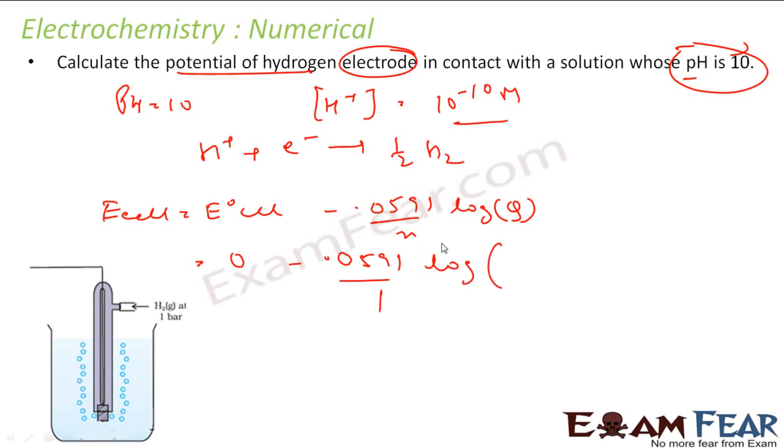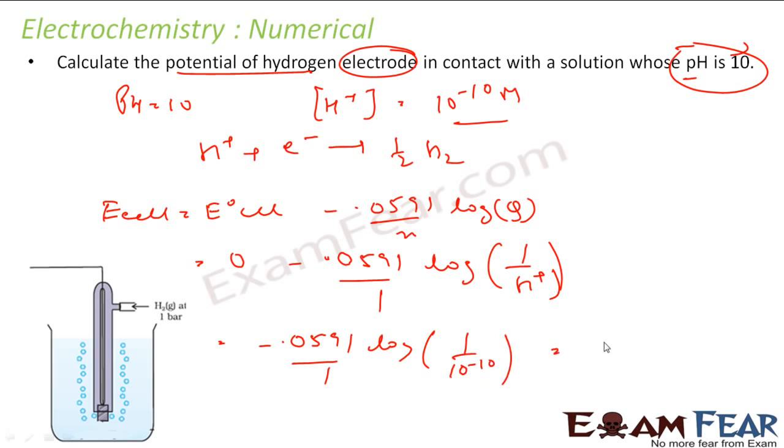Q is nothing but concentration of hydrogen gas divided by concentration of H plus, right? This is 1 by concentration of H plus. Correct? So you put the value, that is nothing but minus 0.059 by 1 log of 10 to the power minus 10. You solve this, you get 0.591 volt with a negative sign, and that is my answer.